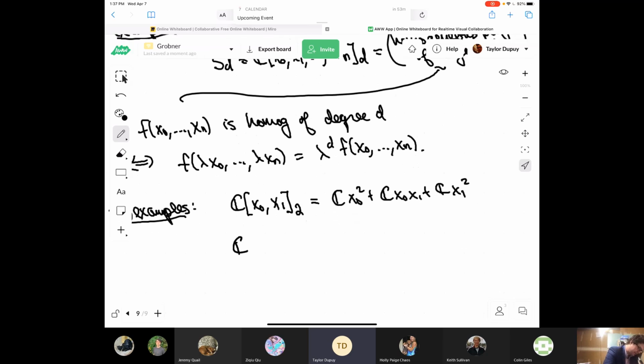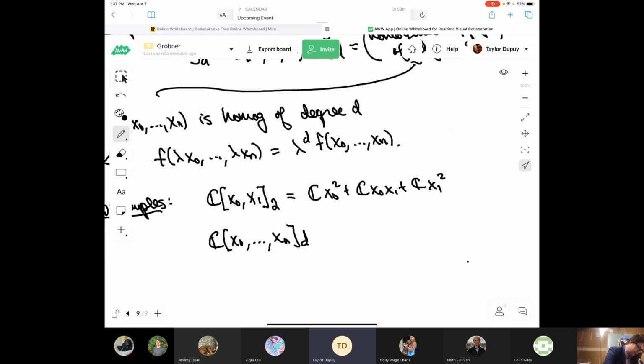So they're just combinations of monomials of degree d, right? In general, C[x0, ..., xn]_d is generated by x^alpha, where |alpha| is d.